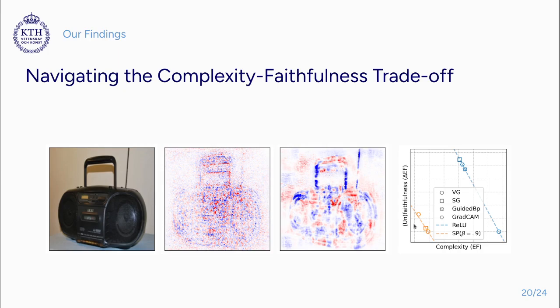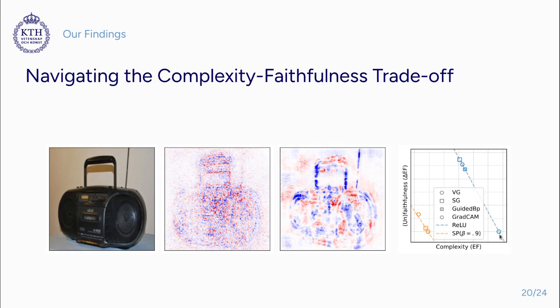So now we have one problem that arises from reducing the complexity in a post hoc manner. So we can now measure unfaithfulness and complexity. Complexity we talked about before. And we can see that if we use ReLU, this line belongs to ReLU.